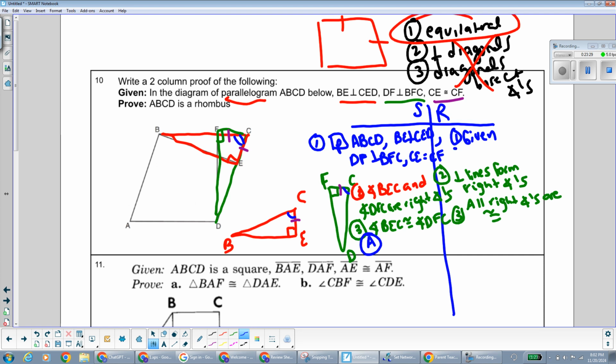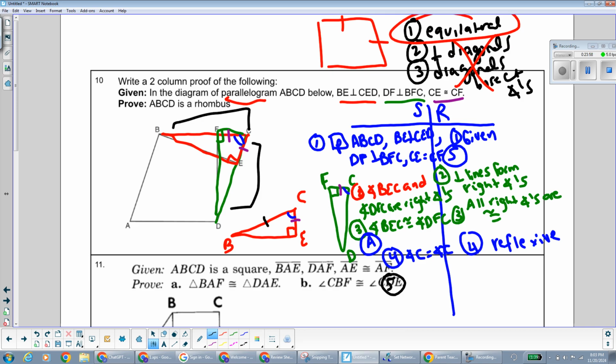The side that we're using was already provided in the givens, the S for ASA. So we just need to mention our shared angle, angle C. So I'm going to put that over here. And now we could CPCTC the sides that we want, BC and CD.